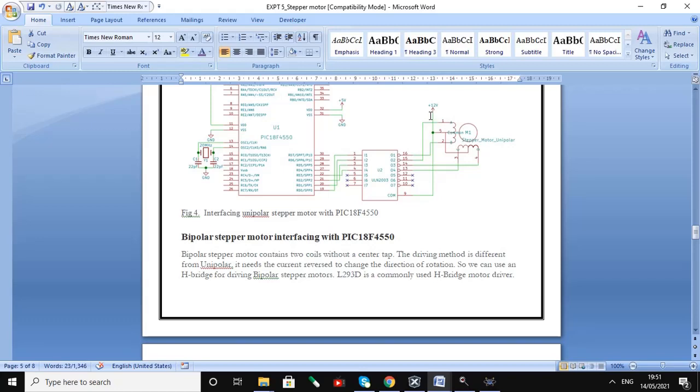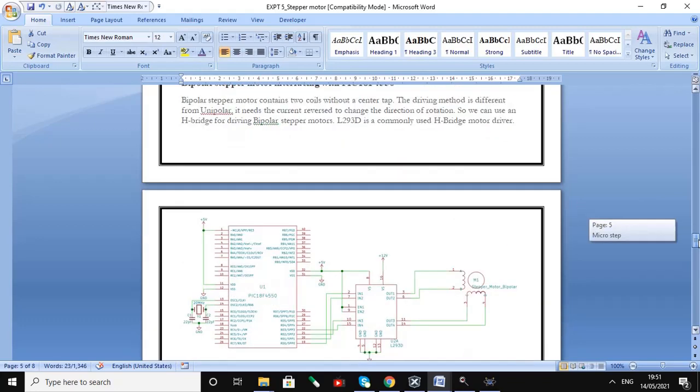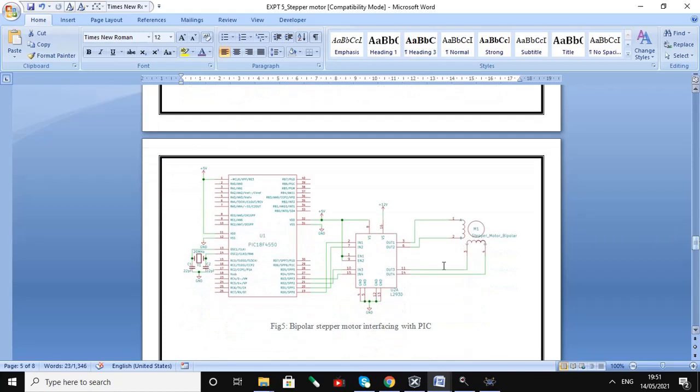That is the common winding of the unipolar stepper motor. So we need to understand these connections. Then bipolar stepper motor interfacing with the PIC microcontroller: in the bipolar stepper motor, there are only 4 windings which are connected to the pins of the driver IC.